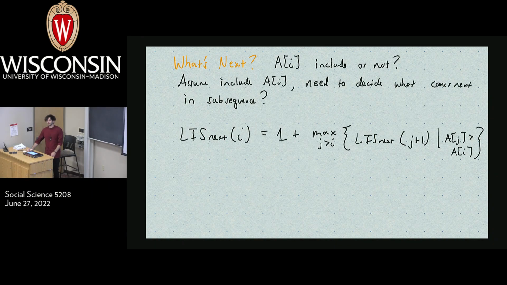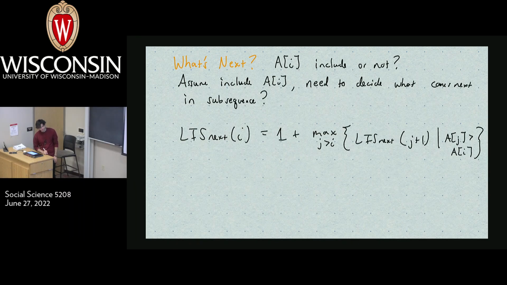That's the entire recurrence. We didn't even need big curly braces. It's one line. The cool thing about this recurrence is the base case is built in. The max of the empty set is going to be 0, and so LIS_next of n will be 1, which is correct, because it has only one element.